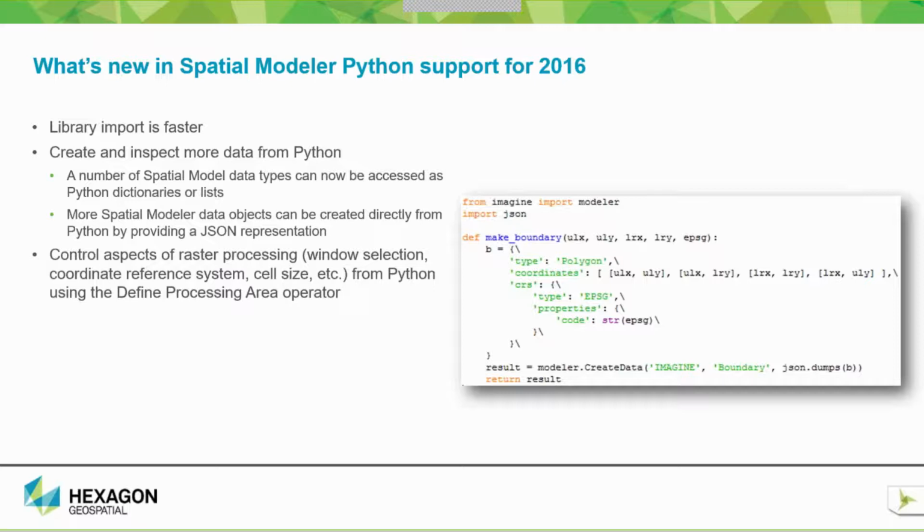So in 2015, you could not get to the information that was then only in the processing properties, and so you could not set your window or your coordinate reference system or anything like that from Python. You can actually do that now because we have an operator, and you can create and set the ports on that operator to do that. So it gives you a little bit more control.